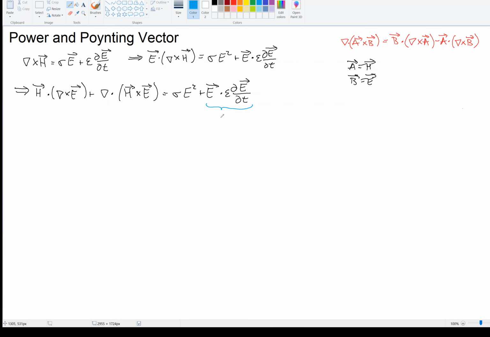This thing here, we can look at as the reverse of the chain rule. So let me just emphasize that in blue. Let's say I had some magnitude of vector field E squared like that, and I took the time derivative of that. If you were going to take the time derivative of E squared, the 2 would come down in front, cancel with this 1/2, and then you would have E, right?